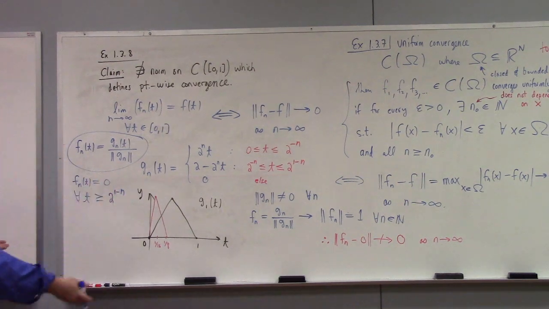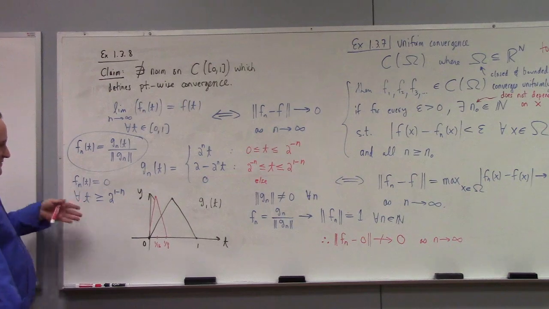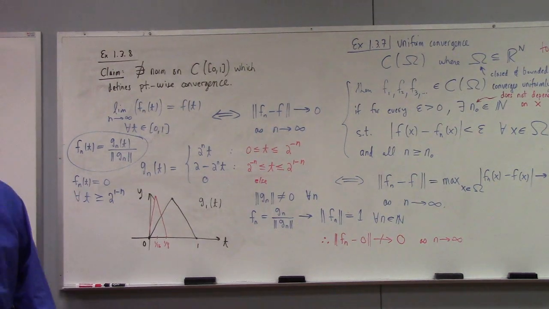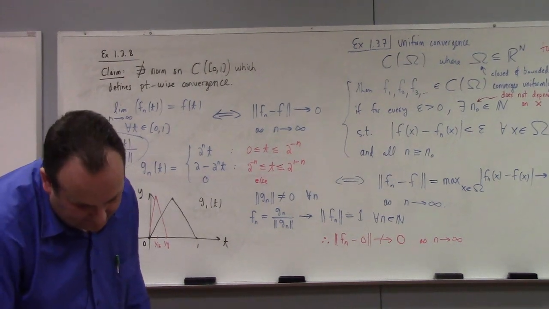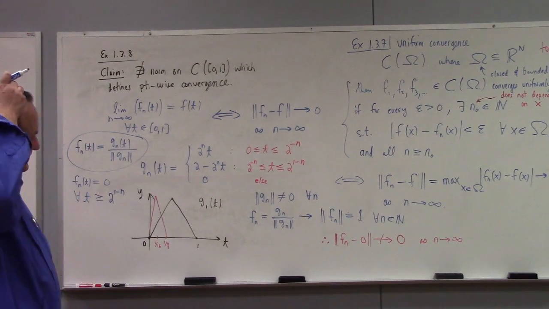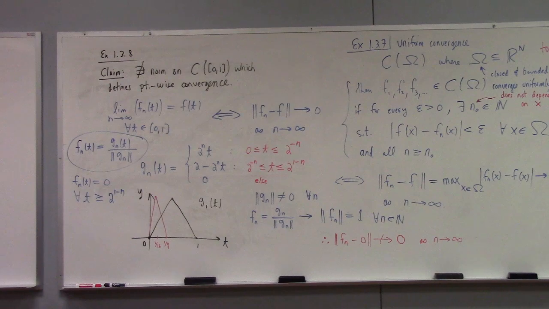So if you take the limit as n goes to infinity, that's a constant sequence of 0. Something like that is the argument.